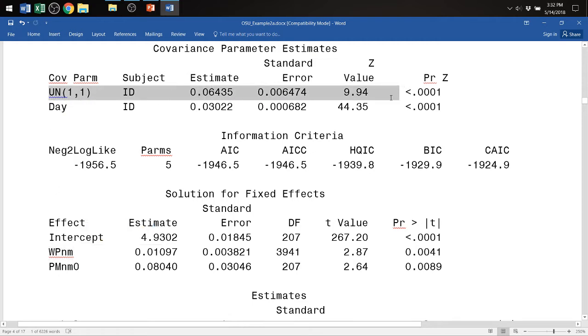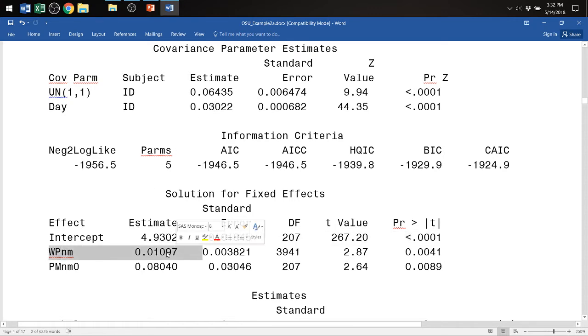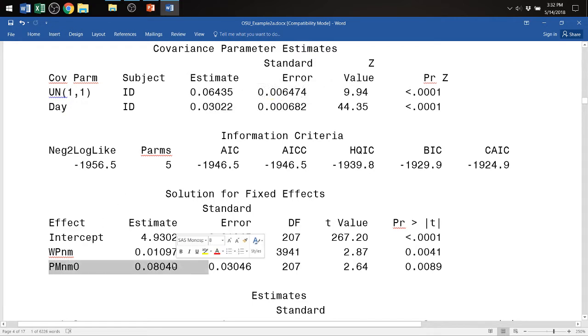So which one of these is level 1 and which one of these is level 2? Day is level 1. We have a winner. So to the extent that being grumpier than usual matters, that would have reduced my day level residual variance at level 1. And to the extent that being a grumpier person matters, that would have reduced my random intercept variance at level 2.